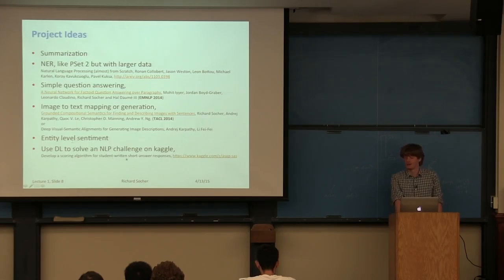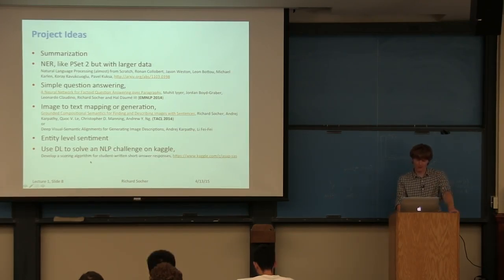One fun thing that you could also do is to actually go on Kaggle. This is a machine learning competition website that still has a couple of old competitions up. One example, for instance, is a scoring algorithm for student-written short answer responses.